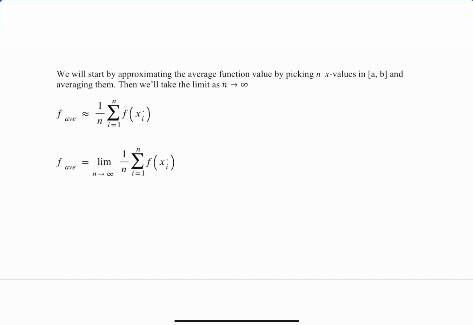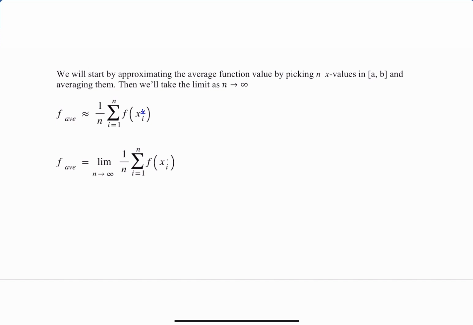The notation for the average of a function value, this is pretty standard, is f sub ave, and I've used the squiggly approximation symbol there because what I've written here is not the actual average of all of them, it's just an approximation. By the way, my equation editor is refusing to put a star in there, so let's change that little dot to a star.